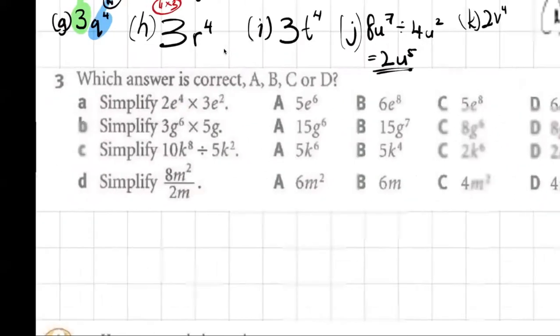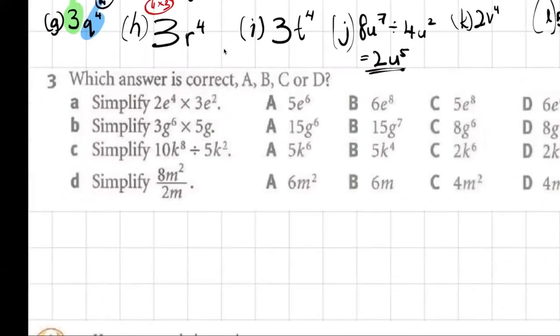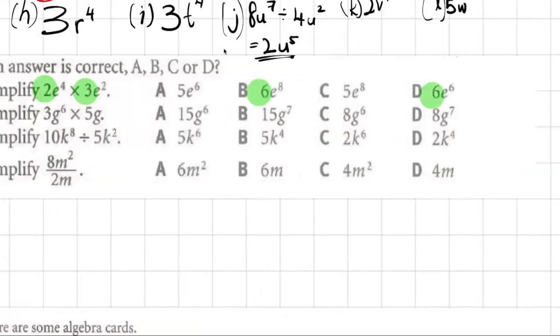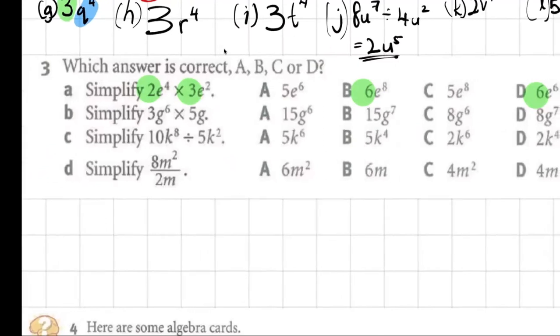Okay, let's look at the first one here. Which answer is correct? A, B, C, or D? Simplify this. First we check 2 times 3. 2 times 3 is 6. So that's the answer. These are the two answers. Whenever you're doing an objective question, use the process of elimination to focus on what the answer is.